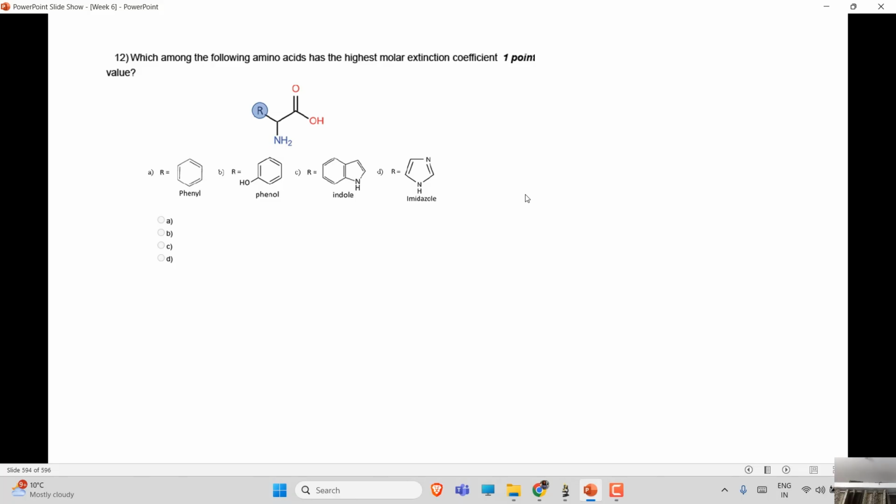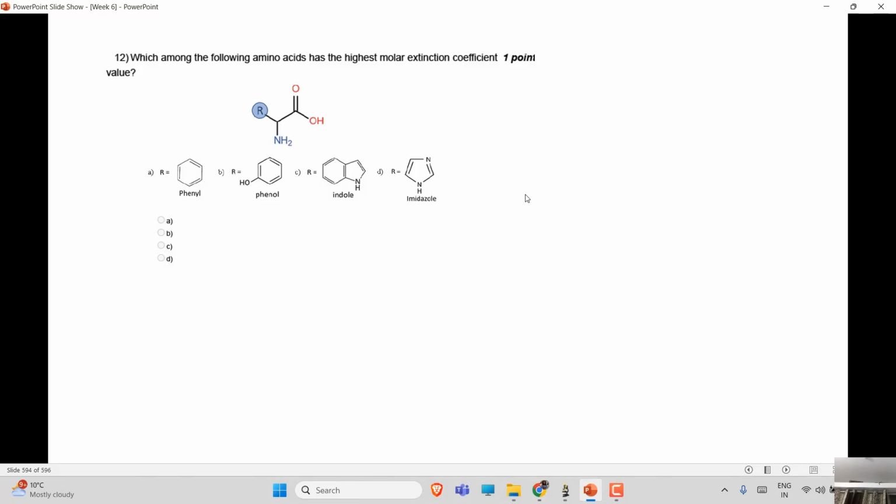Okay, so if you want to know why indole absorbs so strongly compared to phenol and phenyl, it comes down to conjugation and transition. The basic principle is that absorbance depends on conjugation plus allowed transitions.